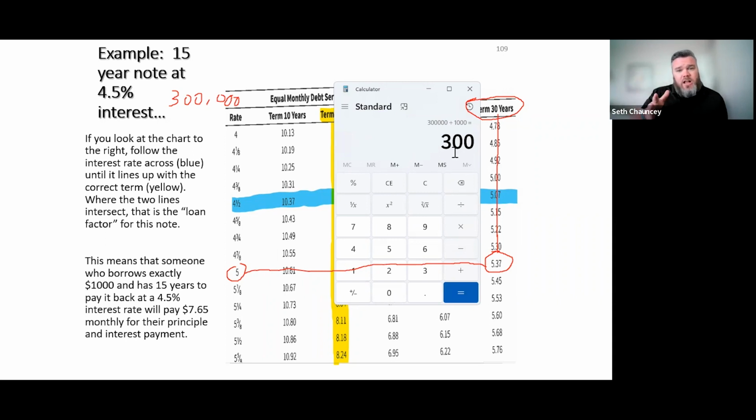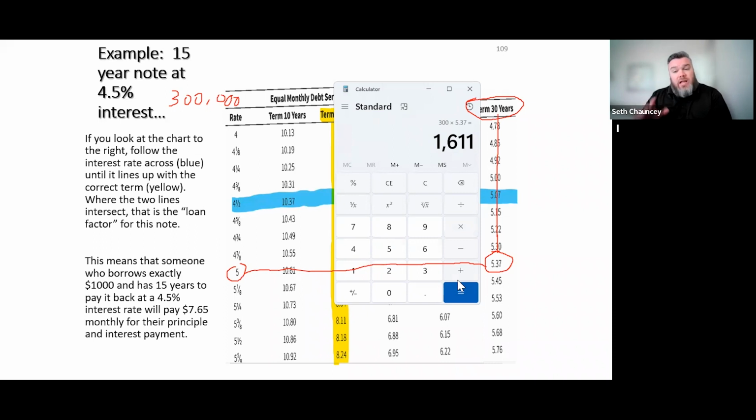If you had to pay $5.37 each month to amortize $1,000, you need to pay that 300 times each month in order to fully amortize $300,000. In other words, 300 times 5.37. You would have to pay it this many times because you're multiplying it together. So the principal and interest payment based on loan terms would be $1,611.